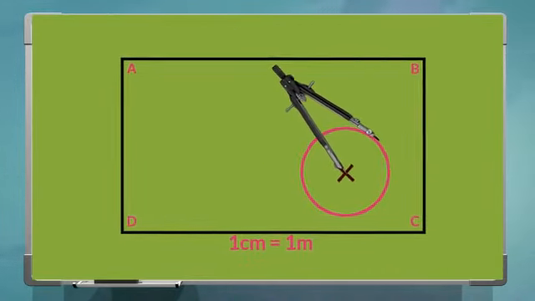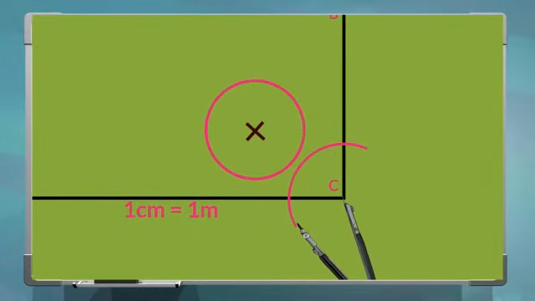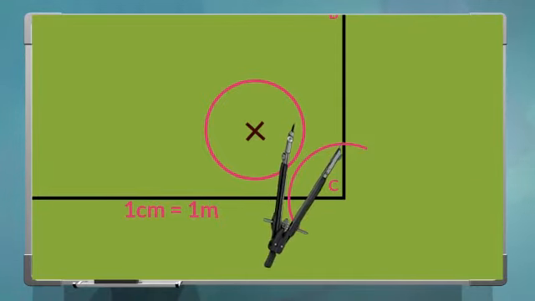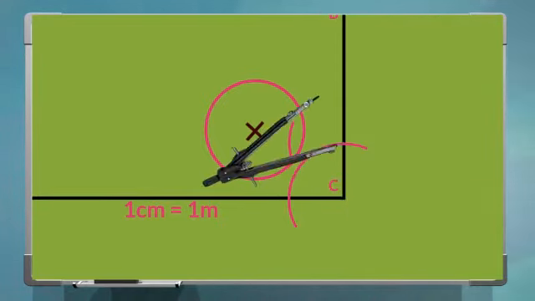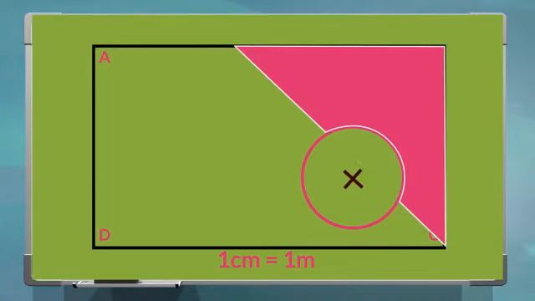So, put your compass at the point where they meet and draw an arc crossing the two walls. Then move the compass to this point here, add another arc, and then another one at this point here. Then, draw the bisector. So now, we just need to shade in the correct region where the flowers can go. So it is outside the circle and to the right of the angle bisector.